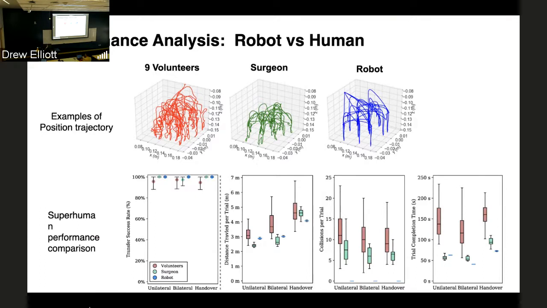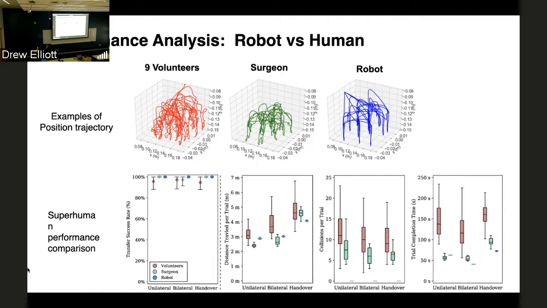What's interesting here, I'll just go through this really quickly, in the bottom chart, the first one is success rate, and they're all very successful, all 3. In the handover, the second plot is the distance traveled. The robot is shown in blue, by the way. So the robot is slightly faster, with slightly lower distance.